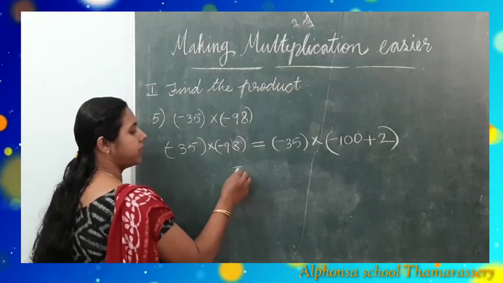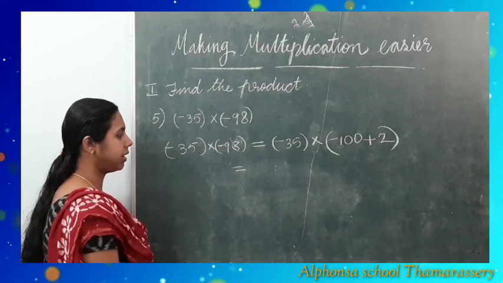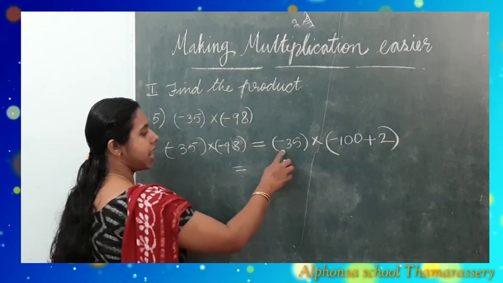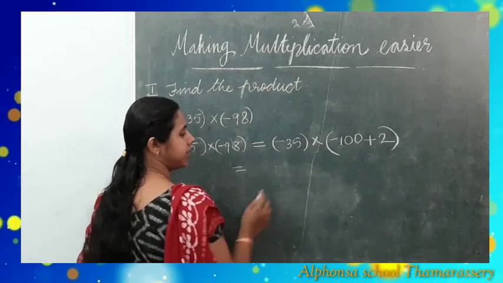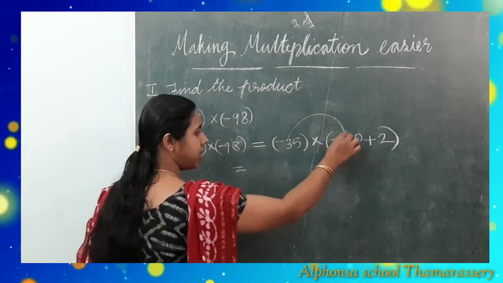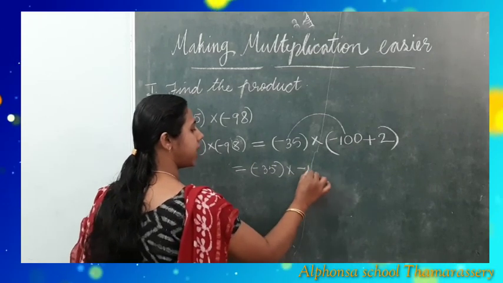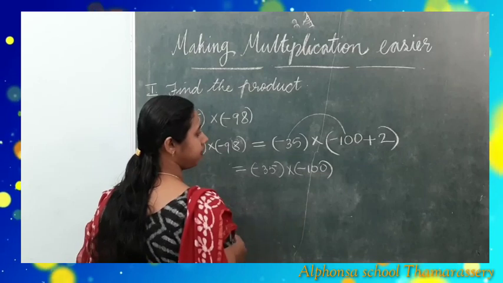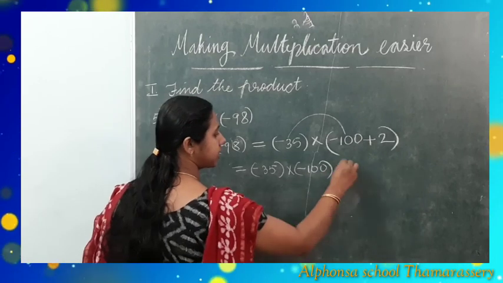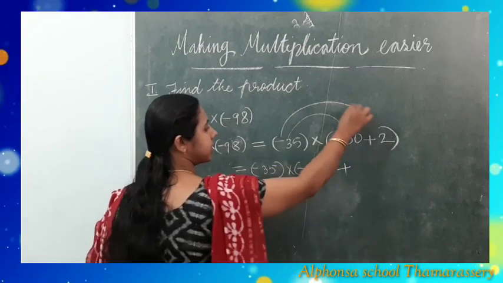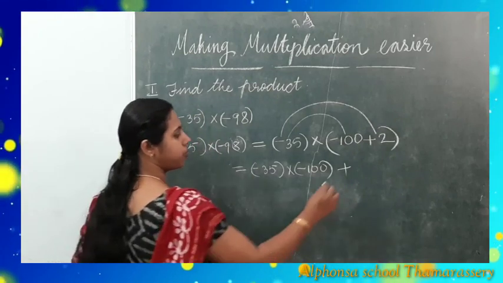Now we can use the distributive property. A into (B plus C) is equal to A into B plus A into C. So minus 35 into minus 100 plus minus 35 into 2.